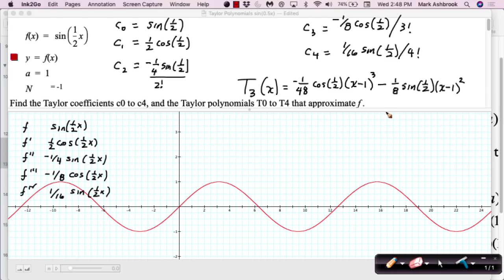Then C1 is plus 1/2 cosine of 1/2 times x minus 1, plus sine of 1/2. So that's the third degree Taylor polynomial.